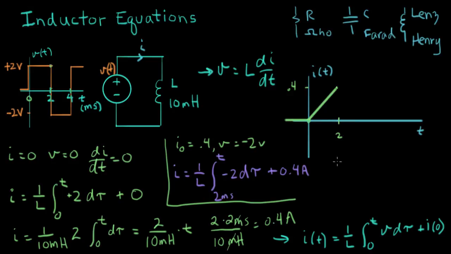Let's continue on here. I equals 1 over 10 millihenries times minus 2 times the integral from 2 milliseconds to t of d tau plus 0.4.